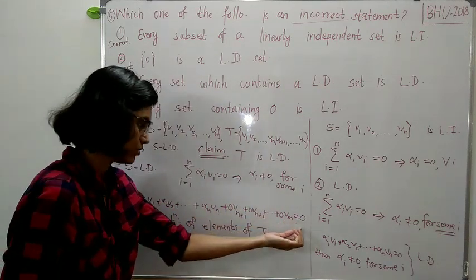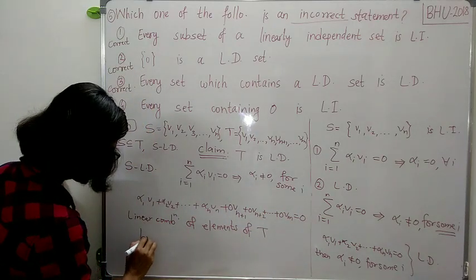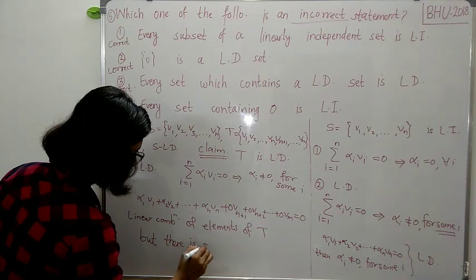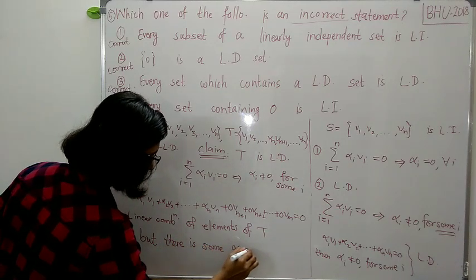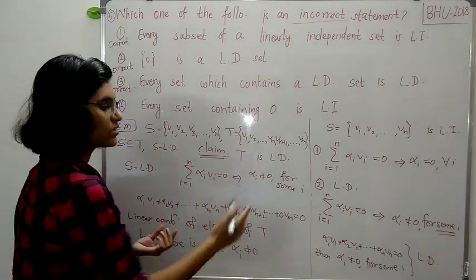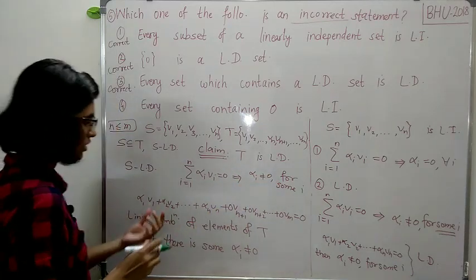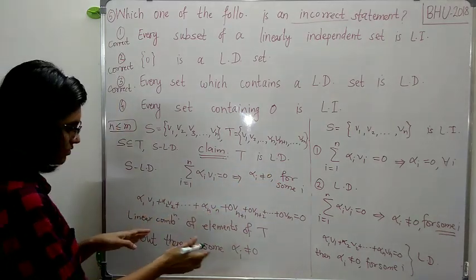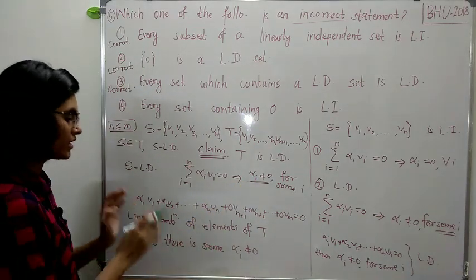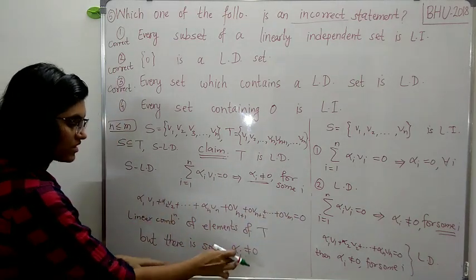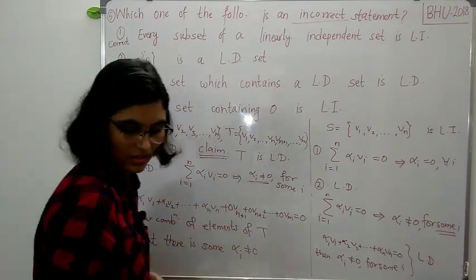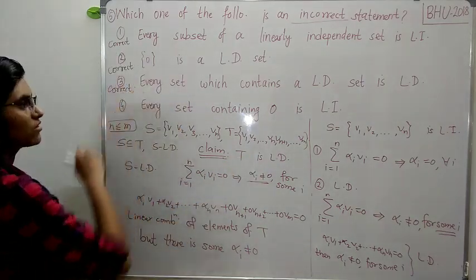The linear combination is equal to 0, but there is some alpha I which is not 0, because from here we have some alpha I which is not equal to 0. So here also there is some alpha I which is not equal to 0, and this alpha I will play the role of that alpha I. So in the linear combination there is some scalar which is not 0, and that means this set T is linearly dependent. So this statement is also a correct statement.